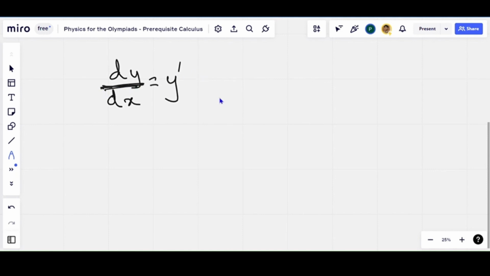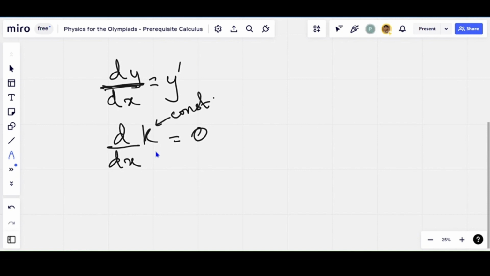Now, the first formula is dk by dx, where k is a constant, is equal to 0. Because if you think about it, a constant function varies irrespective of x, and therefore the change in the function with x is 0.